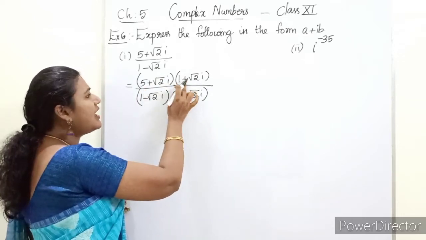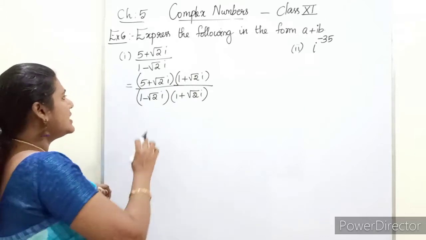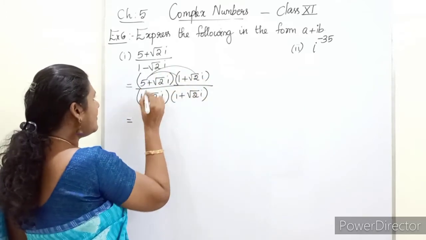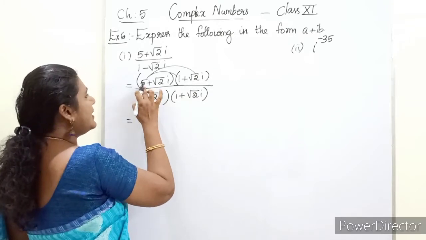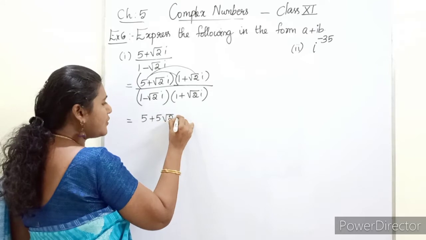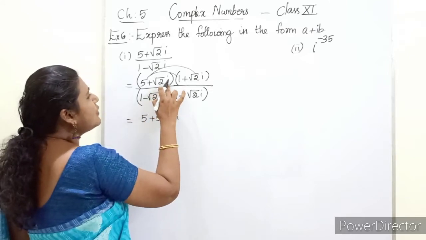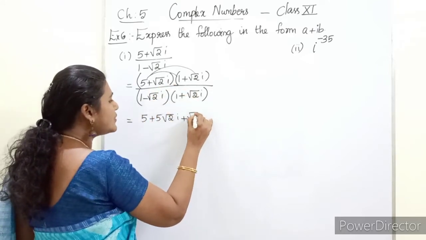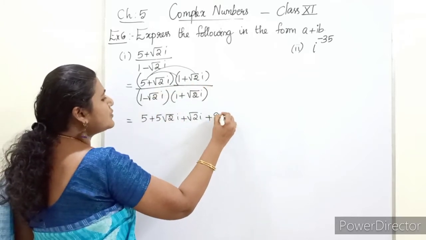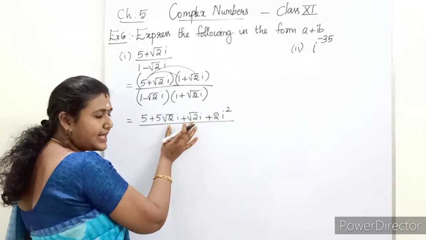So 5 into 1 is 5, plus 5 into root 2i, that is 5 root 2i. Here root 2i into 1, that is root 2i, plus root 2i into root 2i is 2i square. We will get the answer.